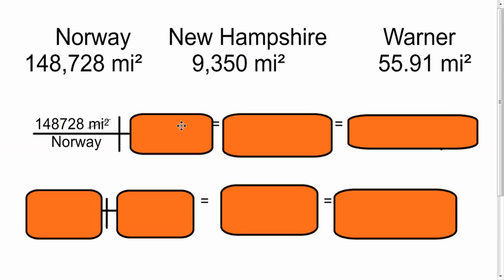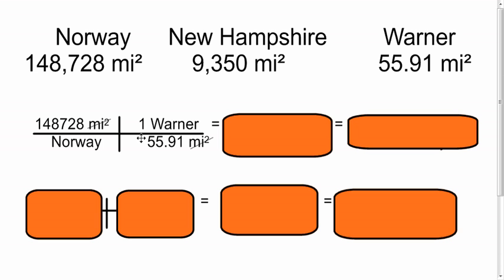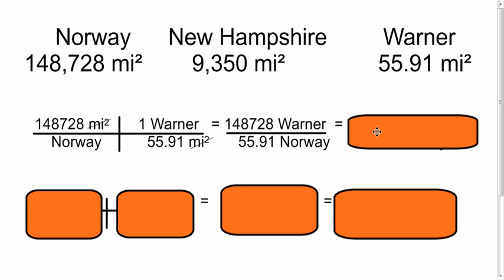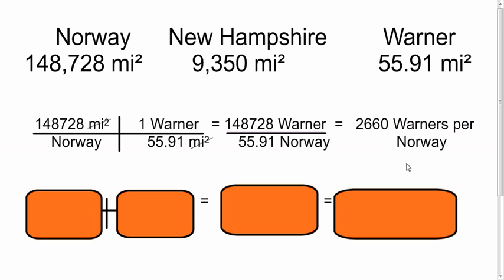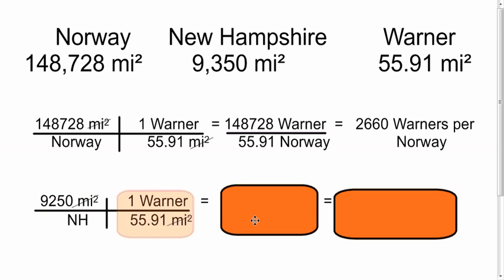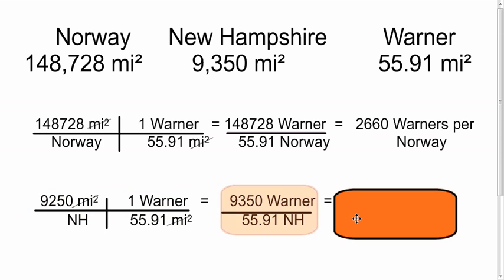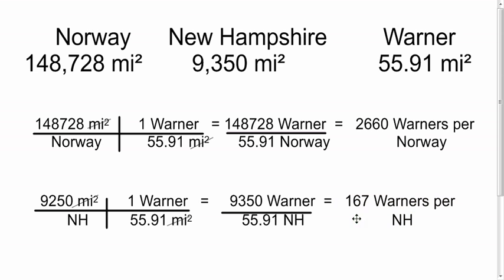Well, this is how many Warners are in Norway. 2,660. It's a lot. And then how many Warners are in New Hampshire? 167. And the reason I was able to do that is with dimensional analysis.